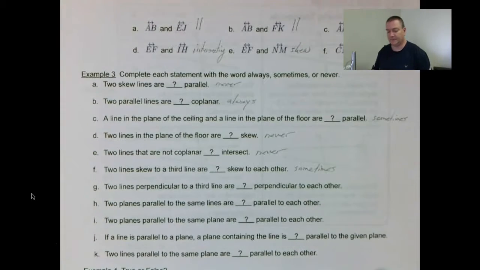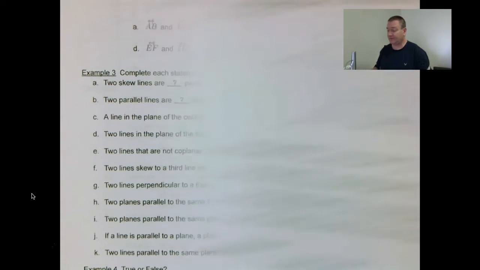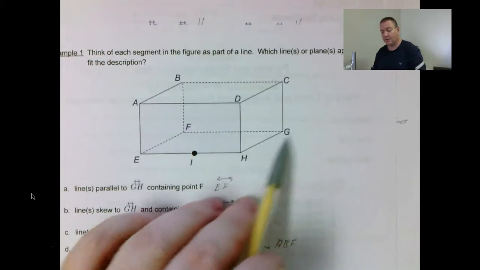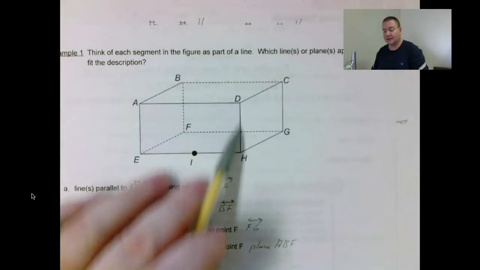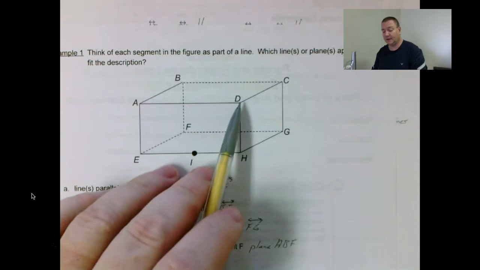Two lines perpendicular to a third line are always, sometimes, or never perpendicular to each other. So this doesn't say that they're coplanar. If they are coplanar, DH and CG are both perpendicular to GH, so DH and CG would be parallel. But it doesn't say that they're coplanar.